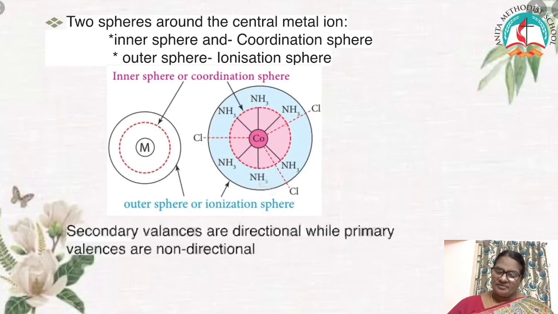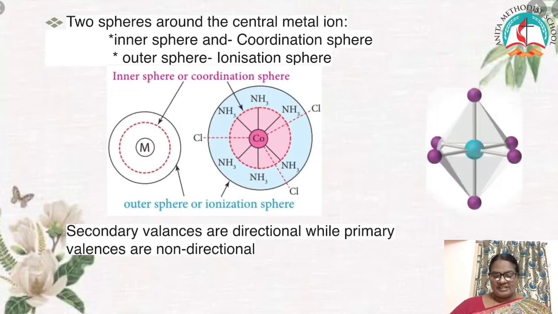The 3 chlorines in the outer sphere have nothing to do with the shape of the complex. So the 6 ligands inside the coordination sphere or inner sphere decide the shape. They are called the secondary valences. For example, this is K4[Fe(CN)6]. There are 6 ligands, arranged like an octahedron.